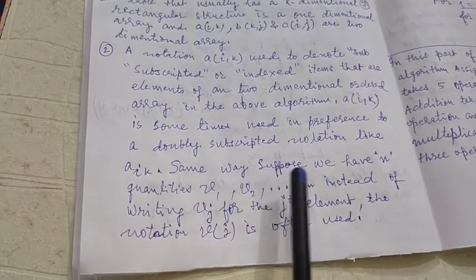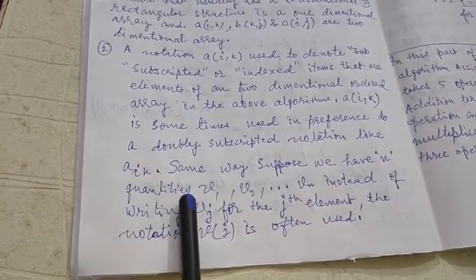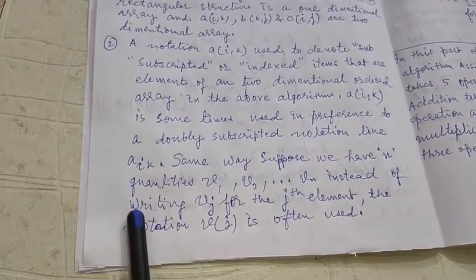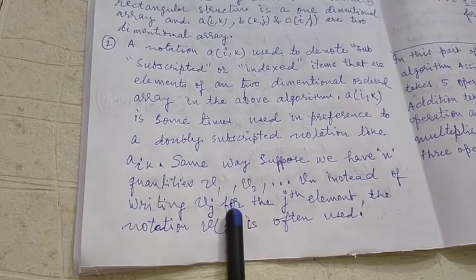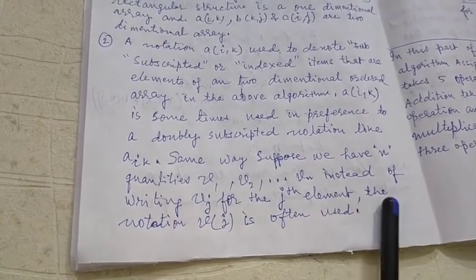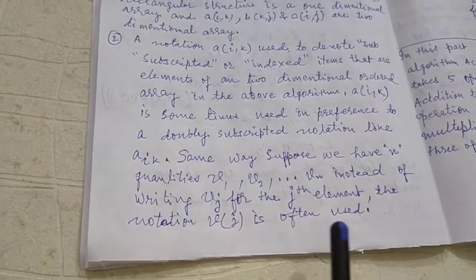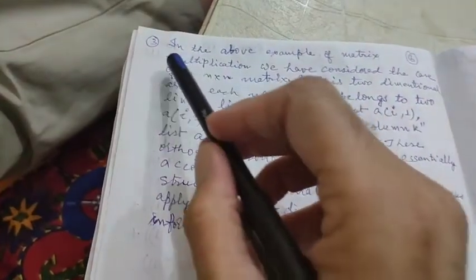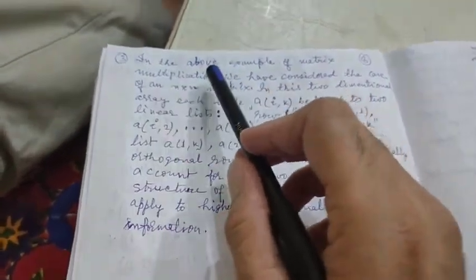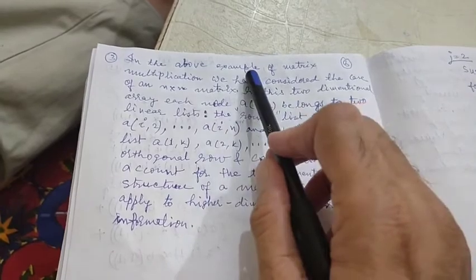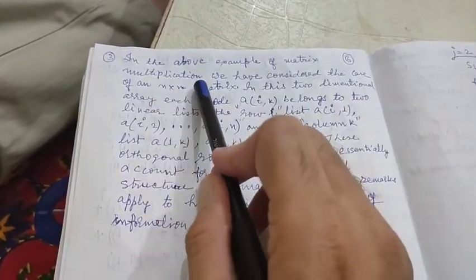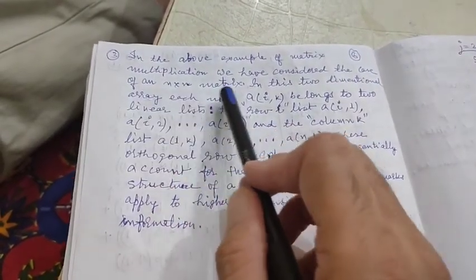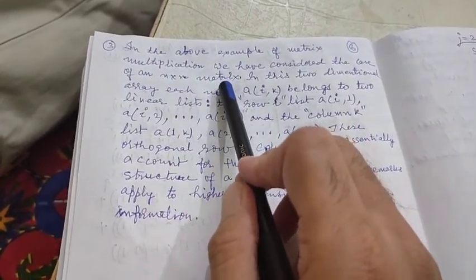In the same way, suppose we have n quantities v1, v2 up to vn. Instead of writing v sub j for the jth element, the notation vj is often used. In the above example of matrix multiplication, we have considered the case of an n cross n square matrix.